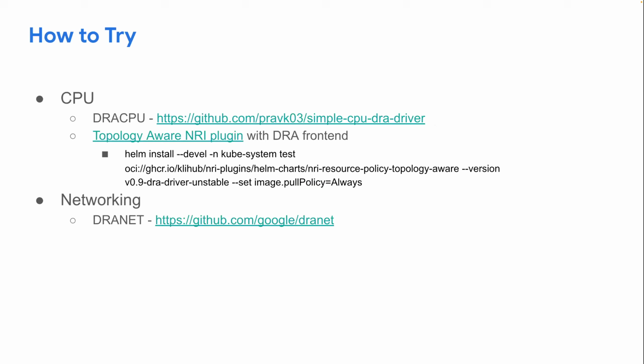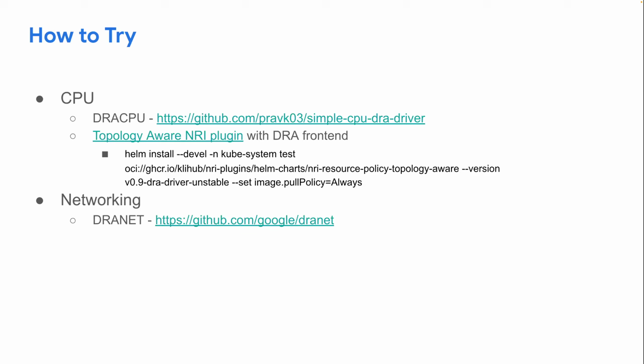There is another implementation, where there is an existing topology aware NRI plugin, and there is a DRA front end for that, which also works in a similar way with respect to how resources are represented and how resource claims are used.